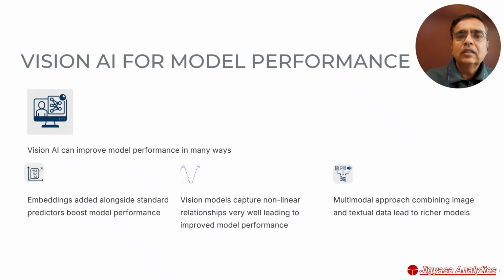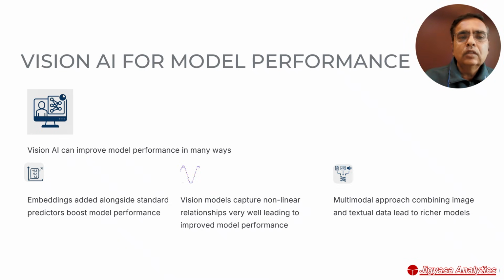And then there is this whole area of multimodal approach to combining image and textual data, which lead to even richer models. We have a presentation on that coming up in early December.